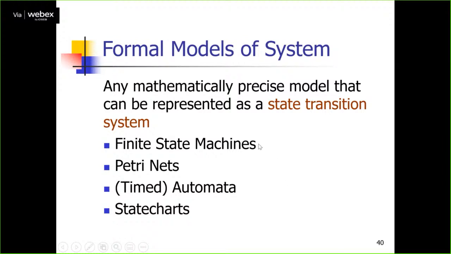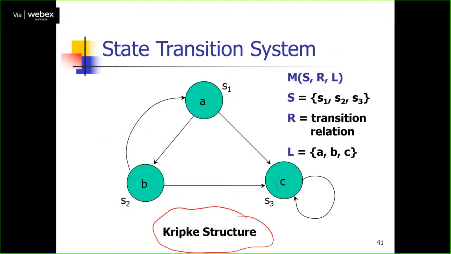Formal models of the system: any mathematically precise model that can be presented as a state transition system, such as an FSM, Petri nets, timed automata, timed Petri nets, parametric automata, state charts, ASM, etc. That depends on how the state transitions are considered. This is one normal state transition system, called a Kripke structure.